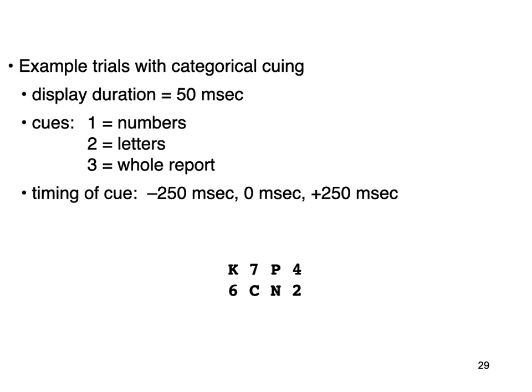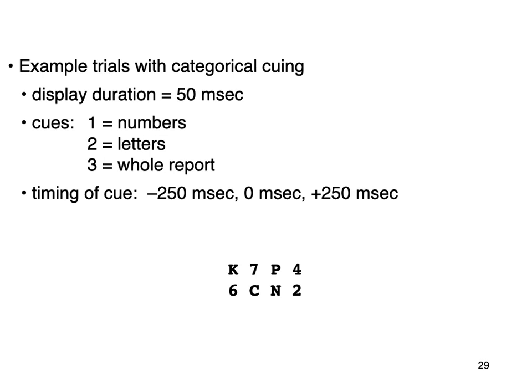And we can do the same thing now with categorical cueing. So 1 refers to numbers in the display. 2 is letters. 3 means whatever you can derive. It's up to you. Report whatever you see. That's whole report. And again, minus 250 means the category labels 1, 2, or 3 numbers, letters, or whole report are presented 250 milliseconds before the array appears. 0 milliseconds means the array is off the screen by the time the cue occurs, 1, 2, or 3.